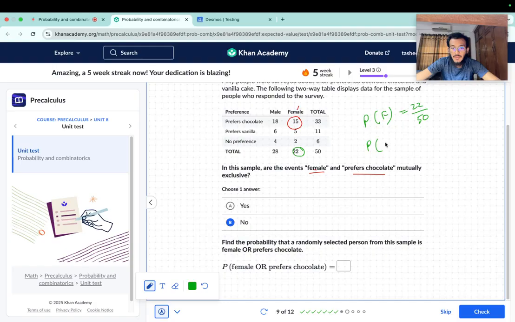Then I have to find the probability of one who prefers chocolate, which is 33 upon 50. Now here's the thing, we need to subtract the probability of female and chocolate. Female who prefers chocolate is 15 divided by 50.